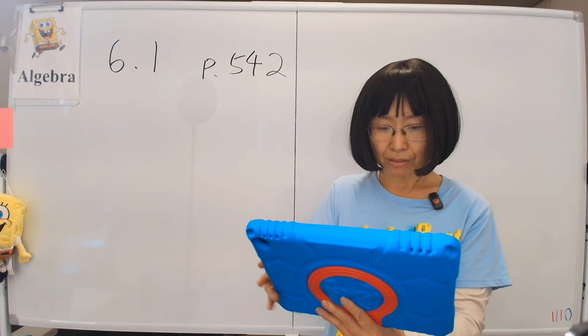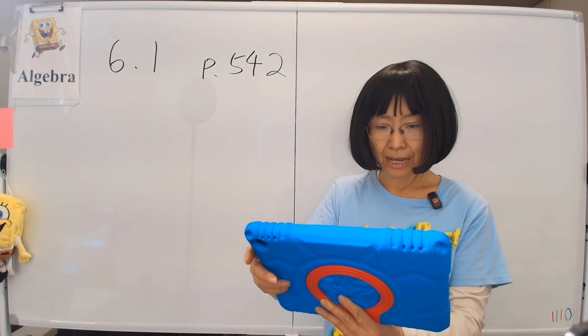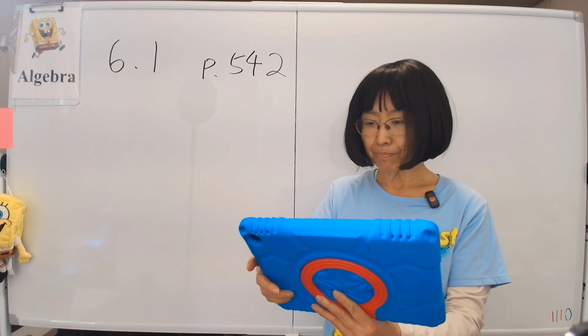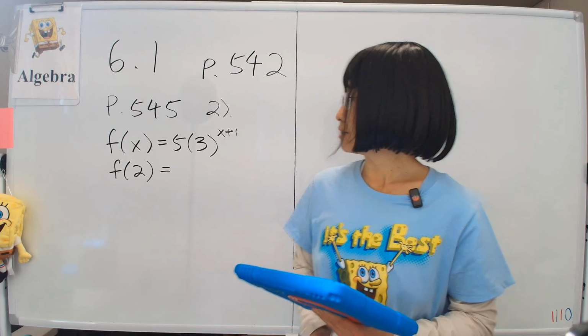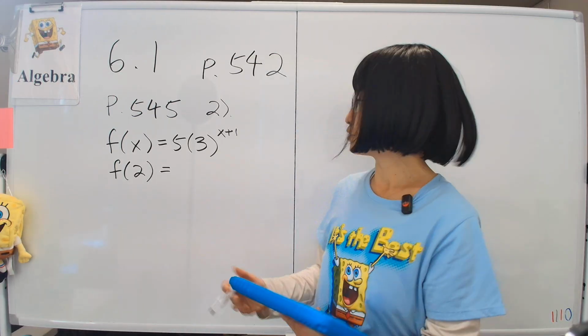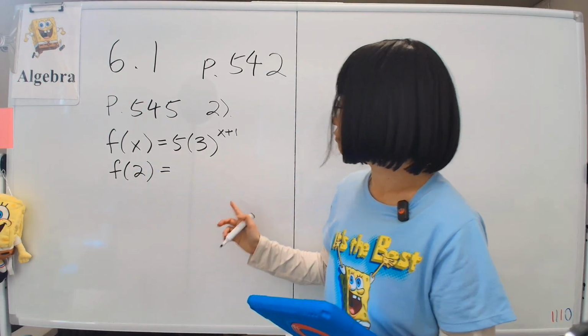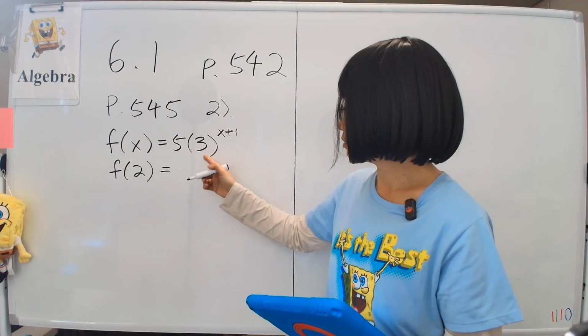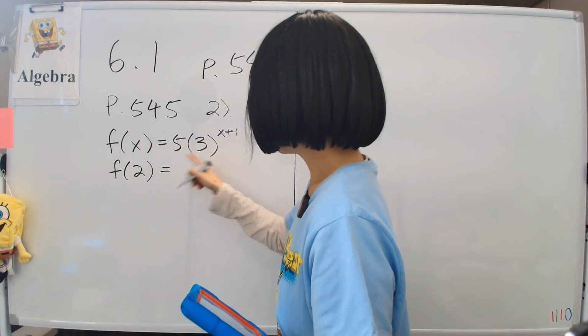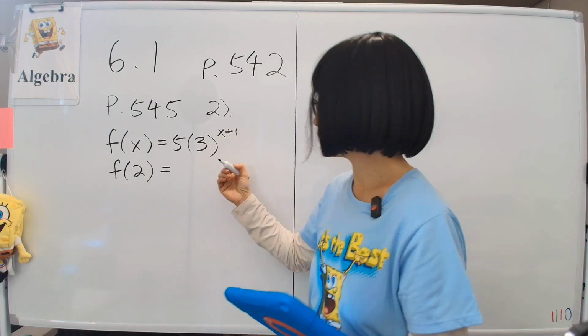All right, so next let's consider example 2 on page 545. Now that problem is quite straightforward. We need to plug in 2 and figure out what this is. So 2 goes in the position of x.